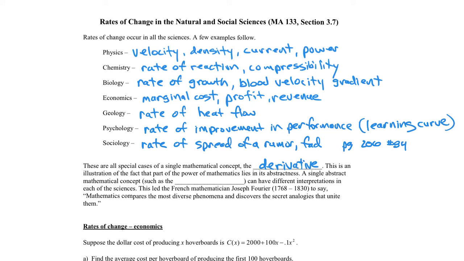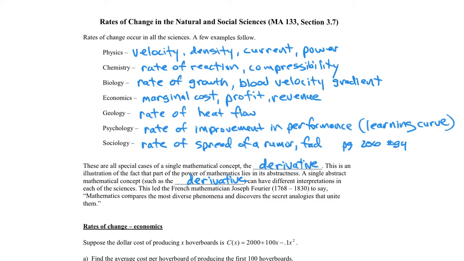And it's an illustration of the fact that part of the power of mathematics lies in its abstractness. So a single abstract mathematical concept, such as the derivative, can have different interpretations in each of the sciences.